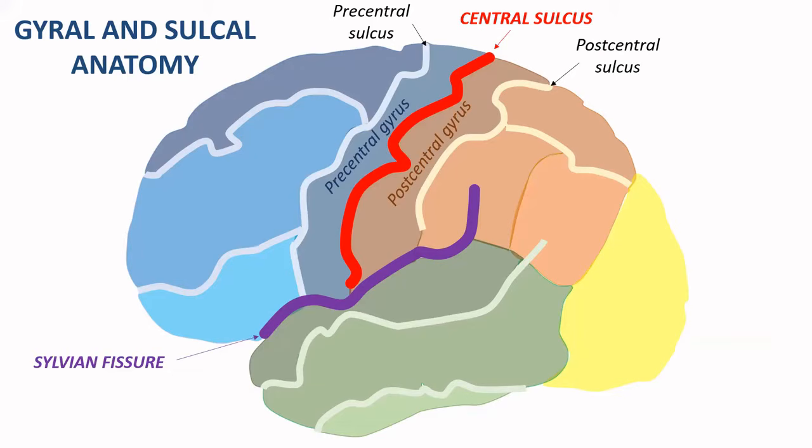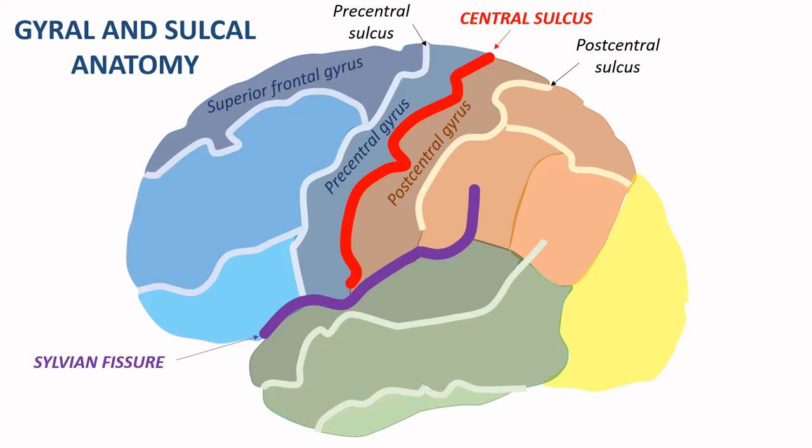The postcentral sulcus does the same. It divides the postcentral gyrus from the rest of the parietal lobe along the lateral surface.